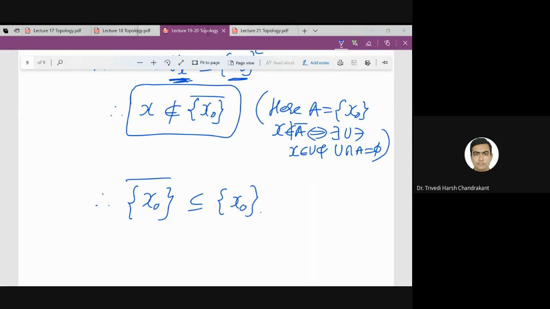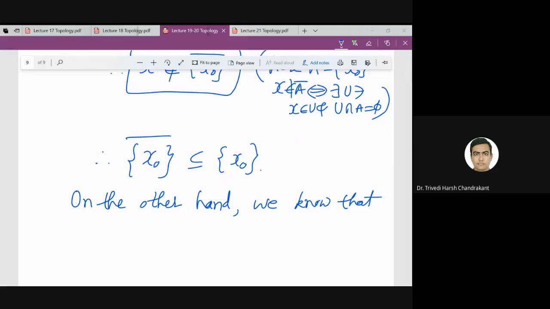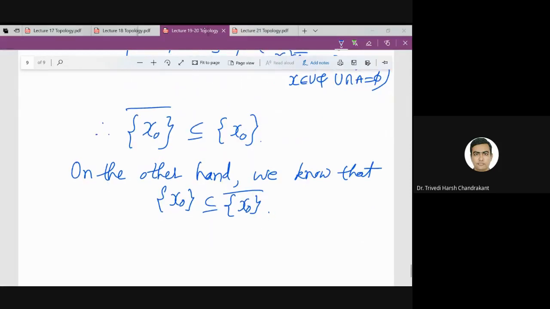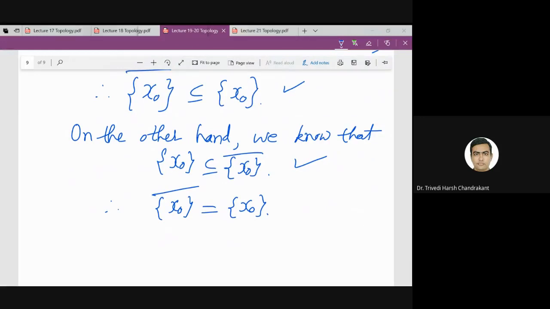On the other hand, we already know that a set is always contained in its closure, right? So using these two facts, we get that the closure of {x naught} is {x naught} itself. And if I have a set whose closure is the same set, that means the set is closed.